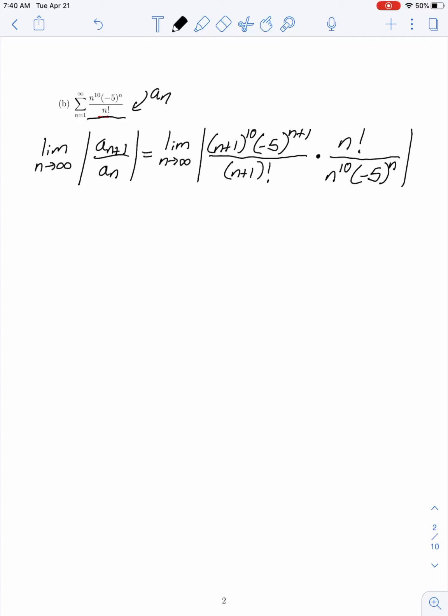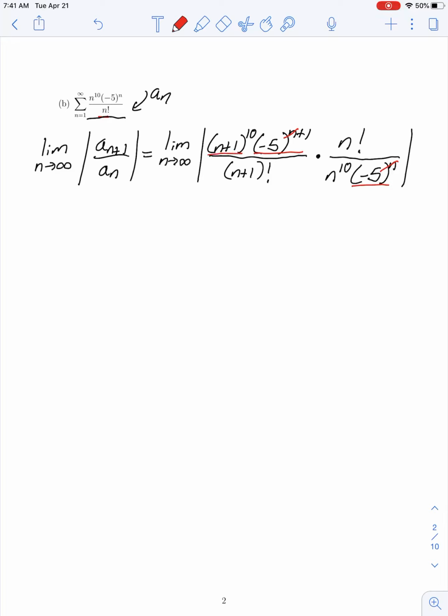And again, we're going to see which terms can be simplified by comparing our numerator and denominator. So in this example, we have in our numerator negative 5 to the n plus 1 divided by negative 5 to the nth. So we can cancel n factors of that negative 5 on top and bottom, and we're left with negative 5 to the first in our numerator.